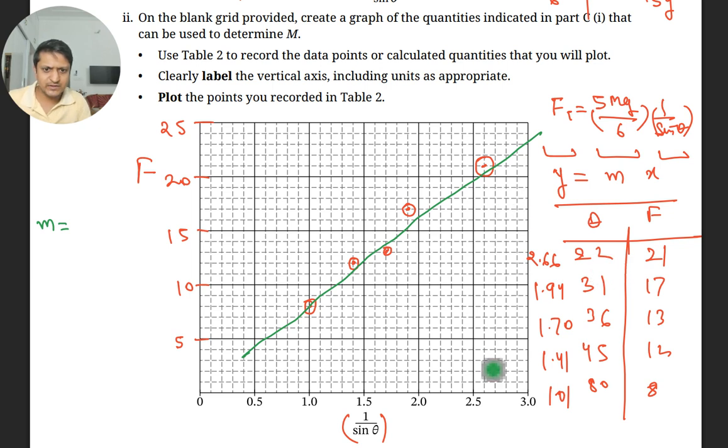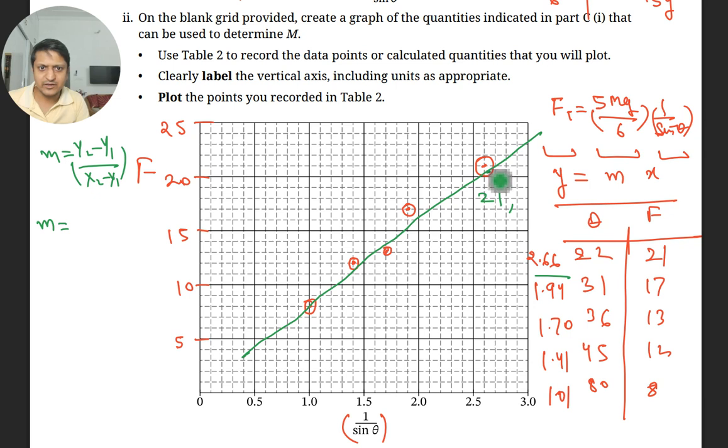What is the slope? Like this is 21 and this value is 2.6. I'm using y2 minus y1 upon x2 minus x1. This is the formula for slope.